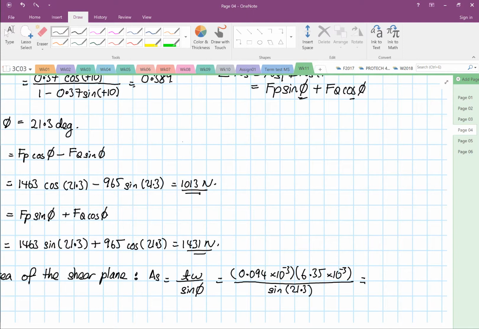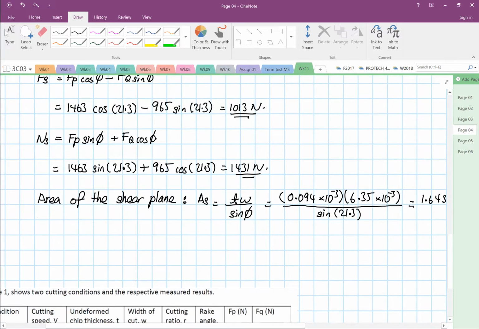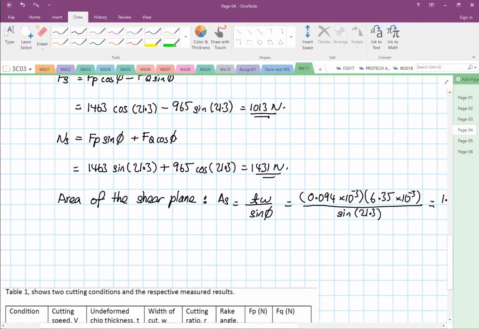The area that I've got is 1.6432 times 10 to the power minus 6 meter squared. Let me do it again, equal to 1.64. So you can calculate the stresses acting on the shear plane.